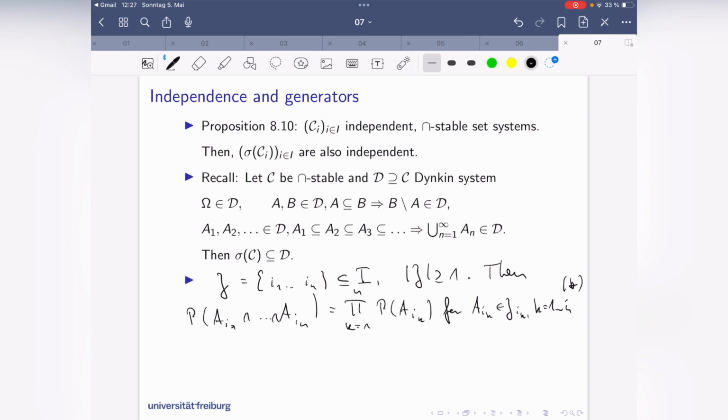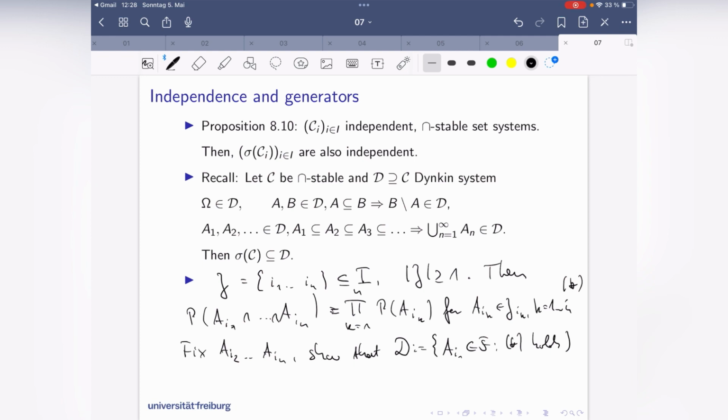I'm not giving you the full proof, I better give you the strategy of the proof. We, for example, fix A_{I_2} to A_{I_n} and show that a set system which we call D, which is the set of A_{I_1} in F such that star holds, is something.